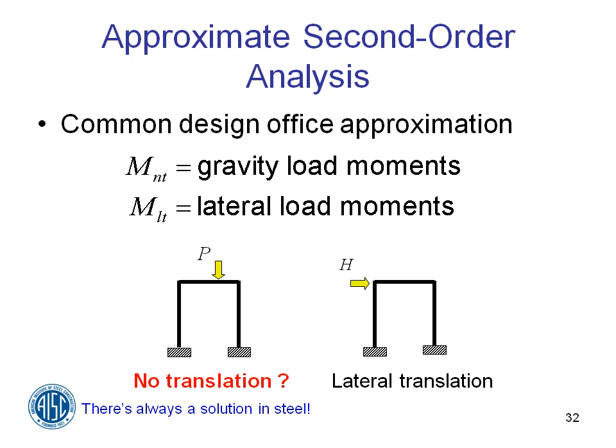Design office practice oftentimes says, well, my structure is sufficiently symmetric, my loading is sufficiently symmetric, that I can take my gravity-only loads, and those will be my no translation loads. And I can take my lateral-only loads, and those will be my lateral translation loads. That works fine.